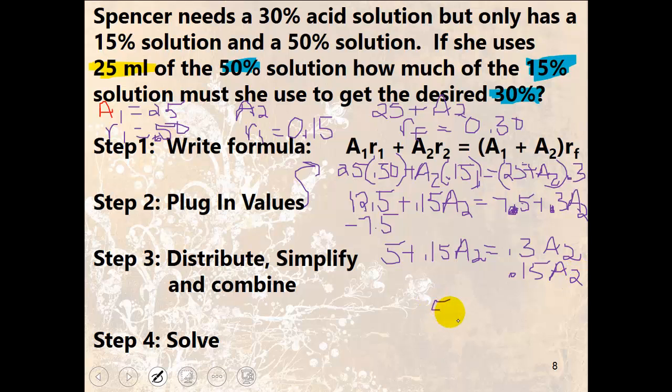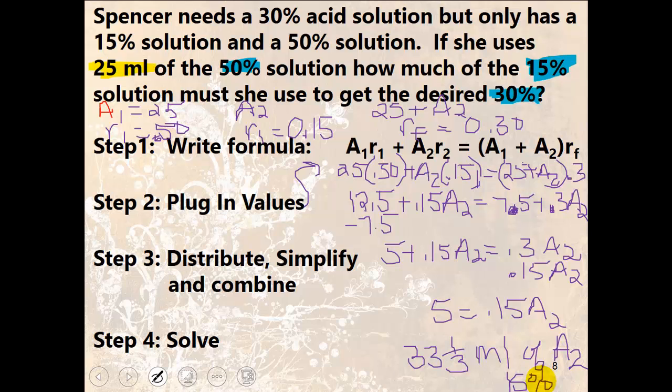So that gives me 5 is equal to 0.15 A2 when I subtract those. So that means the amount of 15% is 33 1/3 milliliters of A2 of my 15% solution.